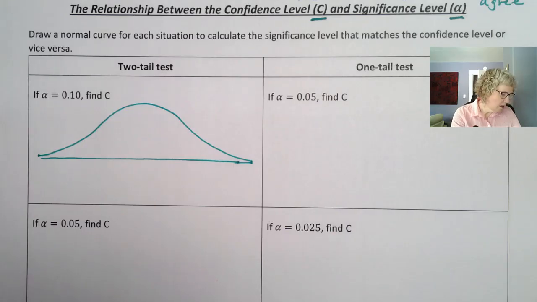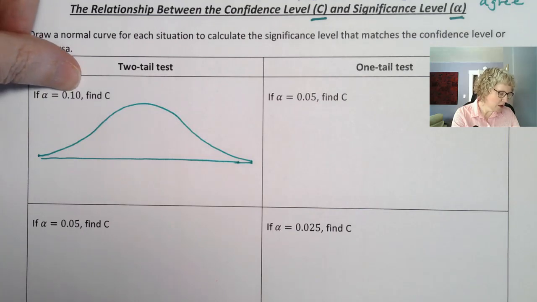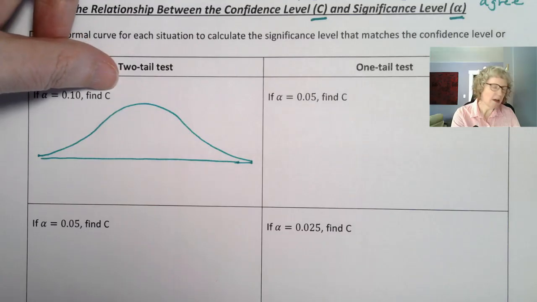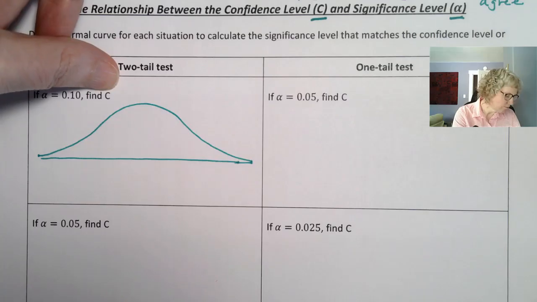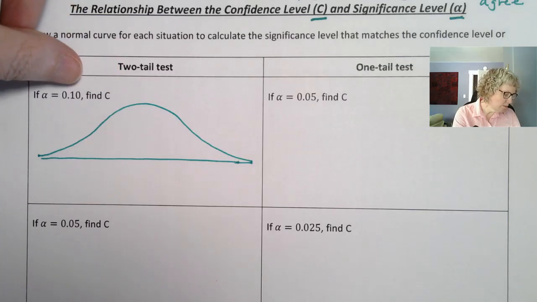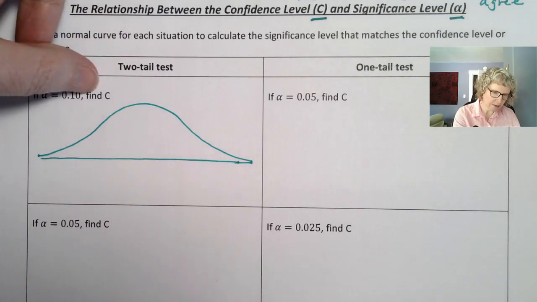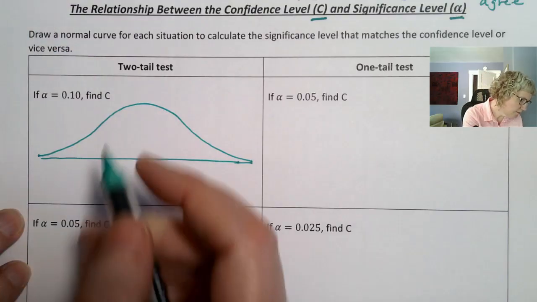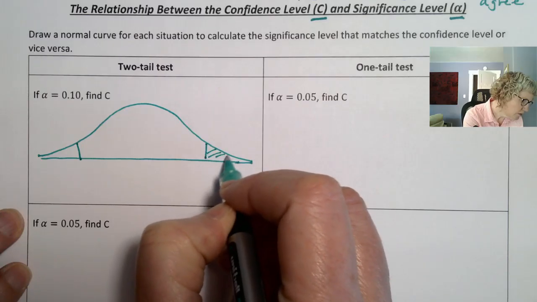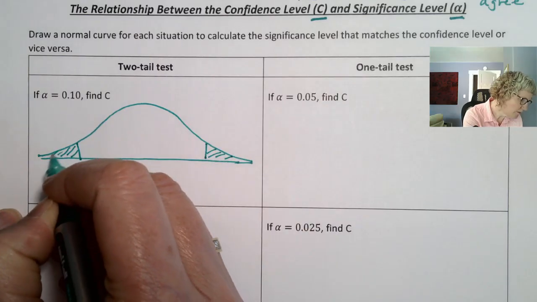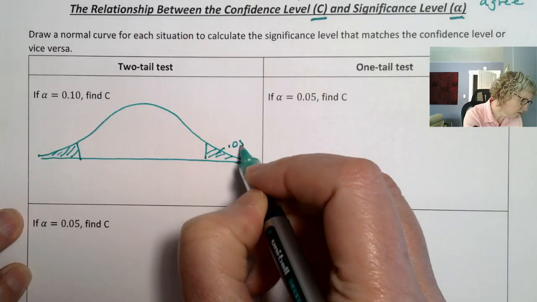Okay, so our question here is if alpha equals 0.10, okay, so 10% significance level, find C, find the confidence level that would match with that or go with that. Okay, so if alpha is 0.10 and it's a two-tail test, then let me draw my two tails. That means we would have 0.05 in each tail.